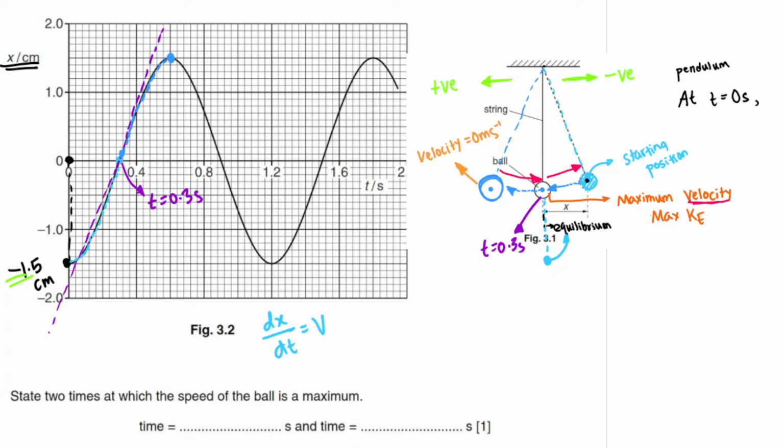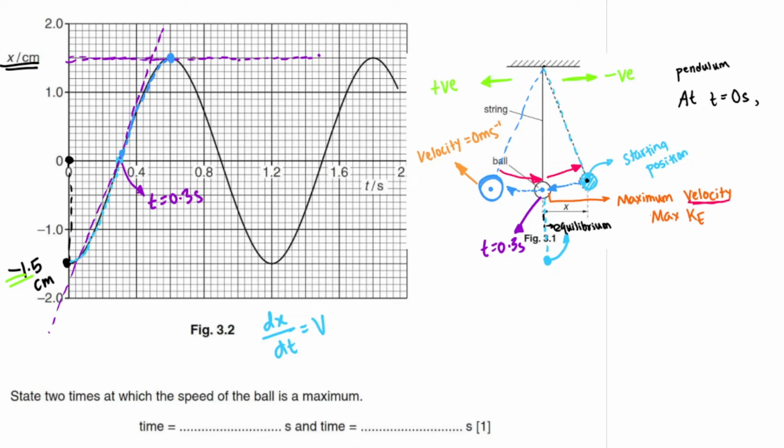Why? Well, here again, let's draw a line to represent the gradient of the graph, and we can see that the gradient of the graph is zero here because it's a straight line.